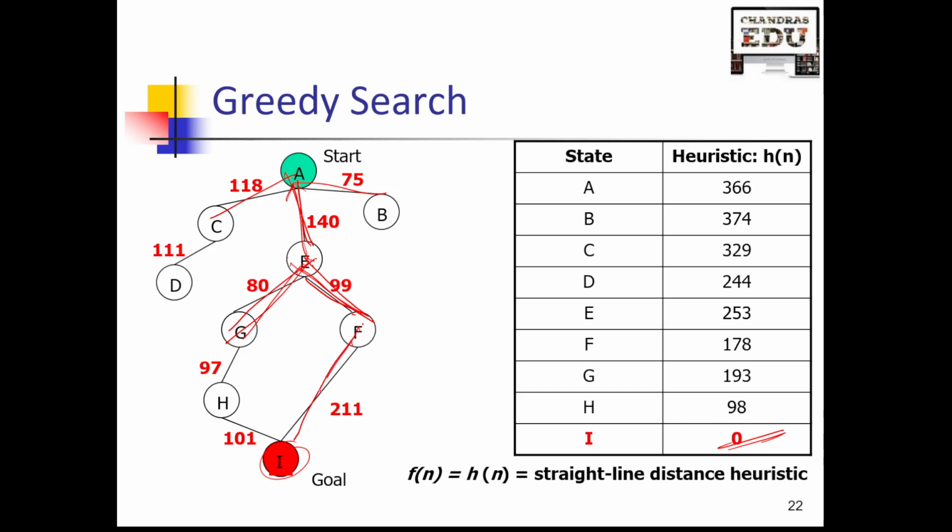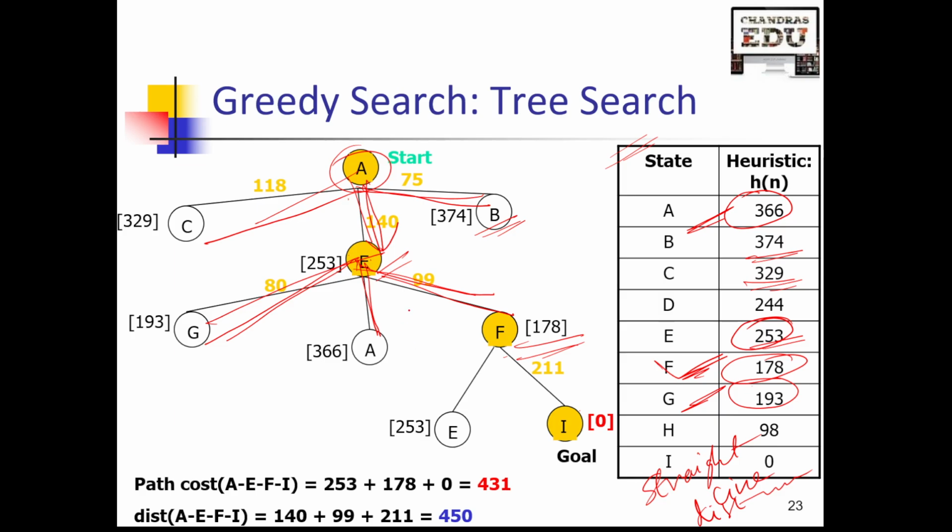So we can have two paths here: one is F to I, as well as F to the node it came from, that is E. So we are drawing the two paths, F to E and F to I. From that we need to check F to E, which is 253 as the distance, and F to I, which is the straight line distance.